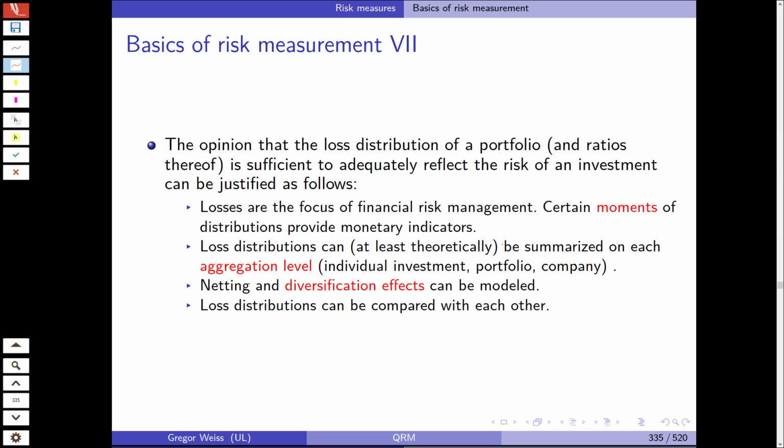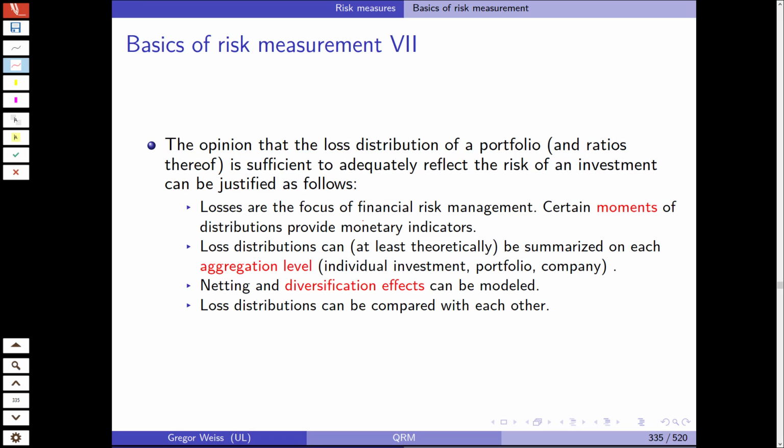You can criticize this. For example, you could argue you have model risk. You have to choose the distribution. You have to estimate it. You need data. But all this also comes with huge advantages. For example, in financial risk management, we are mostly concerned about financial losses. So it does make sense to look at losses in the first place.